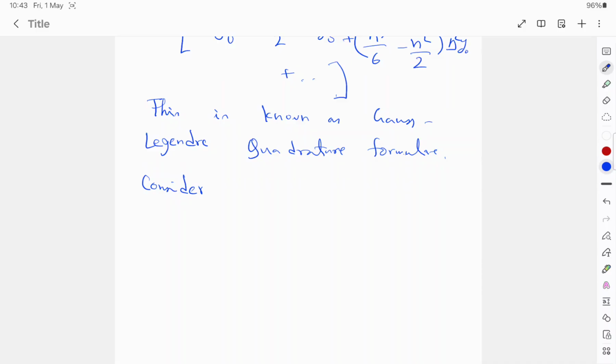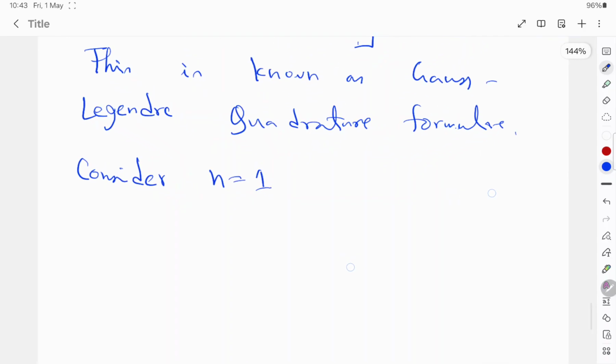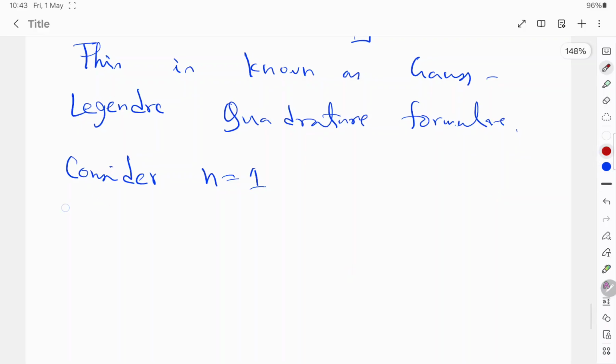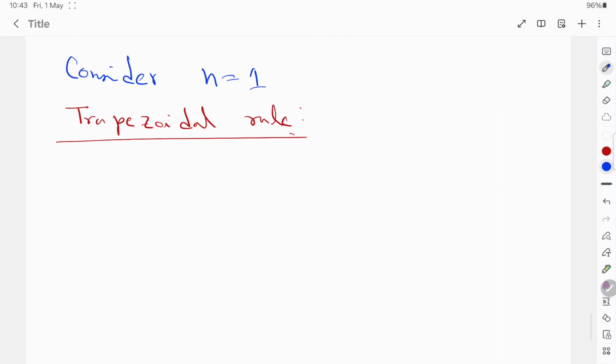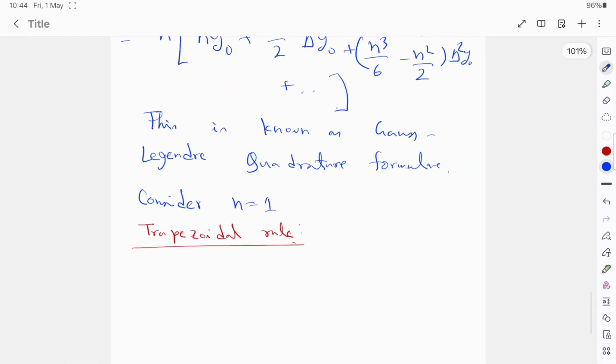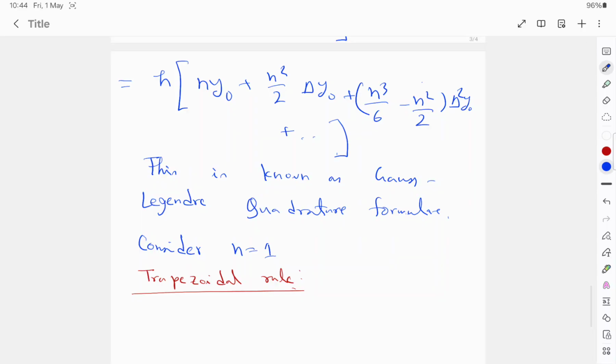Weddle is not in your syllabus, so consider n equal to 1, that is called the trapezoidal rule. If you consider n equal to 1, you basically have 2 points, y0 and y1, not more than that.